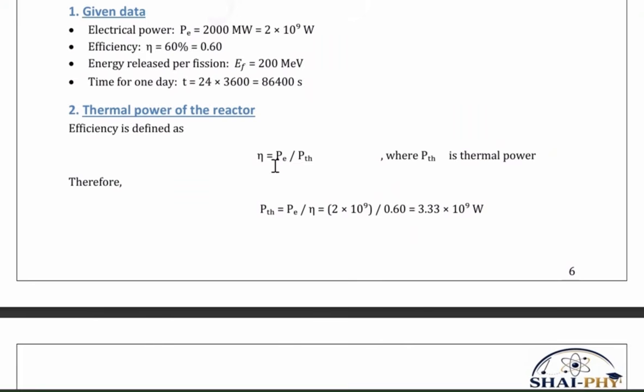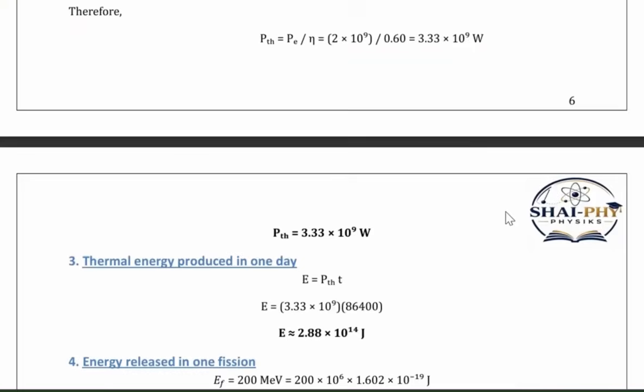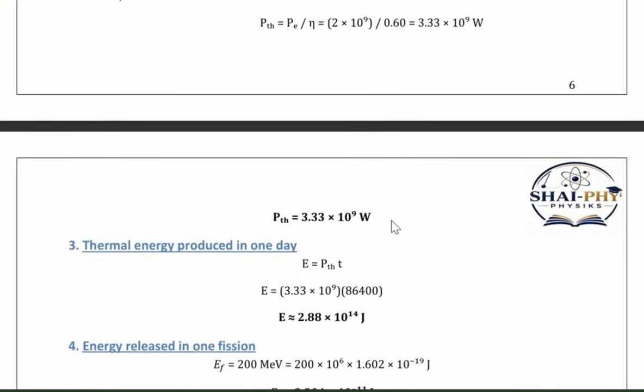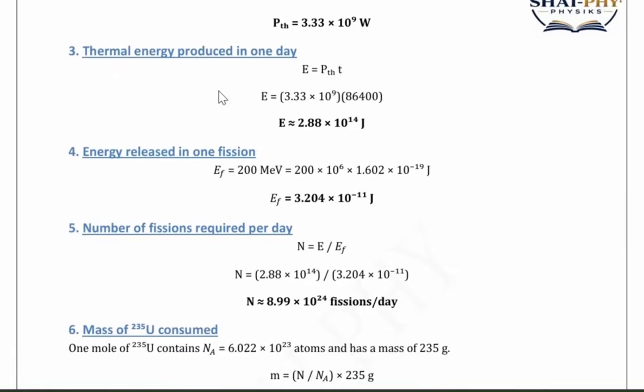So the efficiency formula is electrical power to that of the thermal power. From here we find the thermal power, which will be 3.33 into 10 to the power 9 watt.